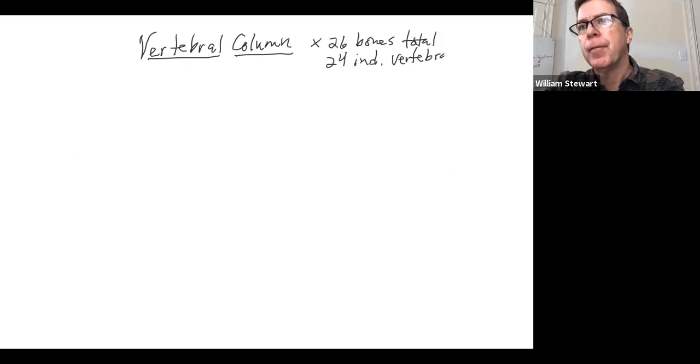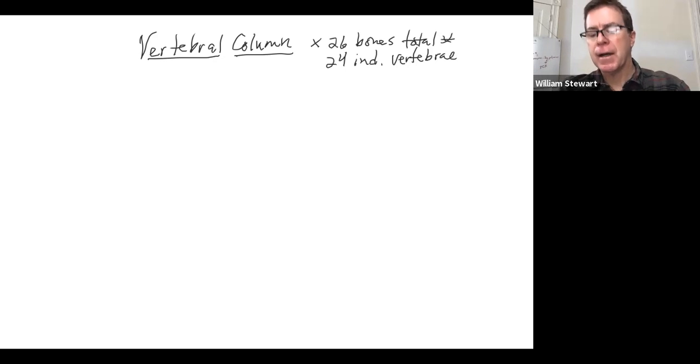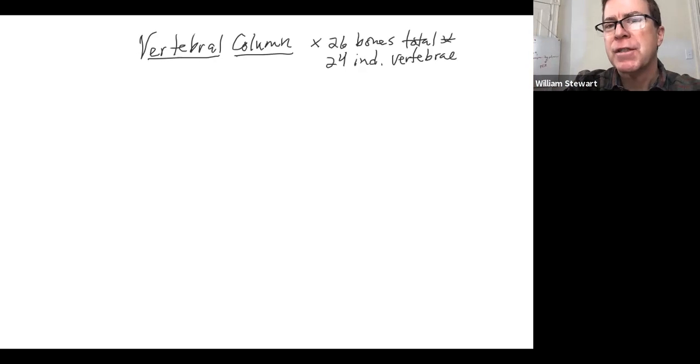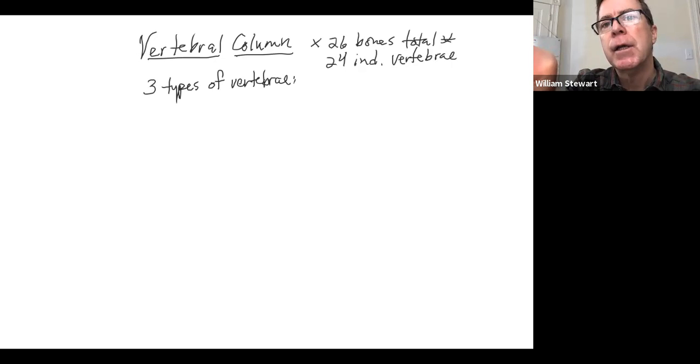All right? Because this number includes the sacrum and coccyx. There are 3 major sections and types of vertebrae. Most of you have probably heard these designations before. If you haven't, well, then you're going to learn it now.